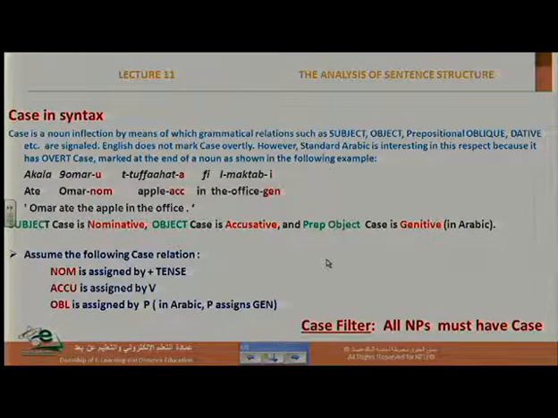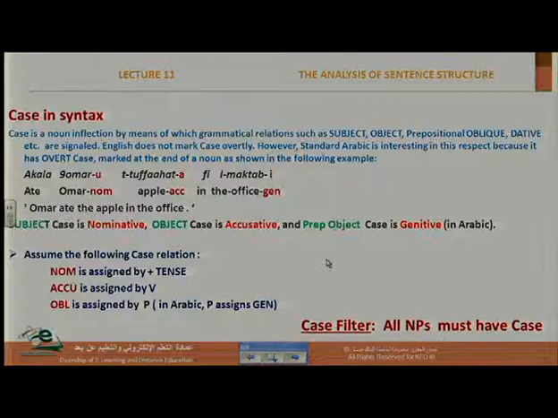Now, nominative, accusative, and genitive is what we call in Arabic al-rafa', al-nasb and al-kasr or al-jar. The subject case is nominative, the object case is accusative. The prepositional object in Arabic, fil maktabi, the object with the preposition fi, is marked genitive, not oblique or some kind of objective case.